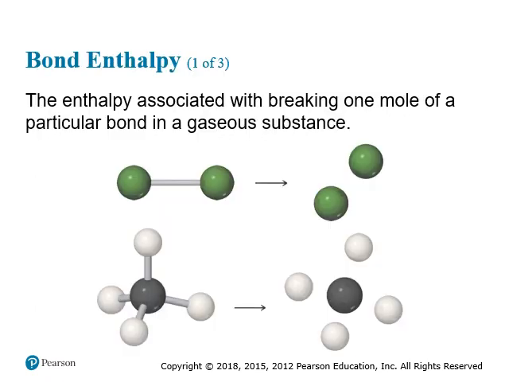We're going to end our discussion of Chapter 5 with a focus on bond enthalpy. Bond enthalpy is the change in enthalpy associated with breaking a particular type of bond in 1 mole of a given gaseous substance.